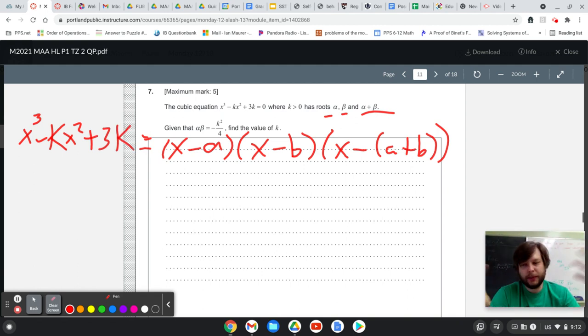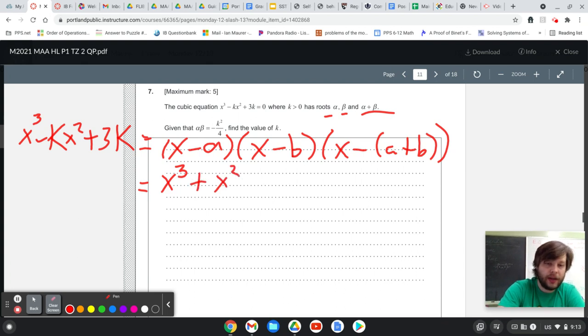So what I can do is just expand out the right side, and then my coefficients need to be equal. And so on the right side, I'm going to have x times x times x. That makes x cubed. And then let's think about how I can get x squared. How can I get x squared?